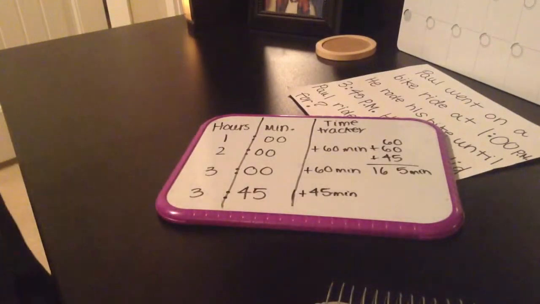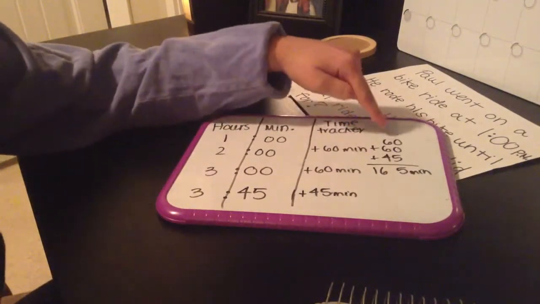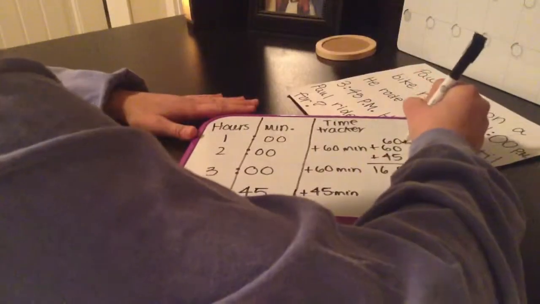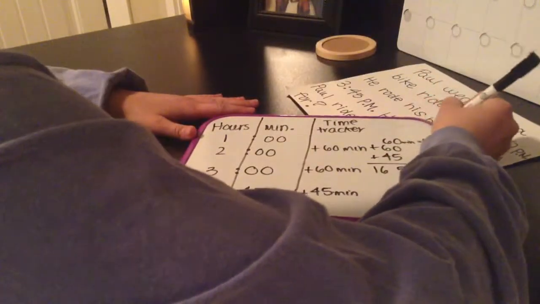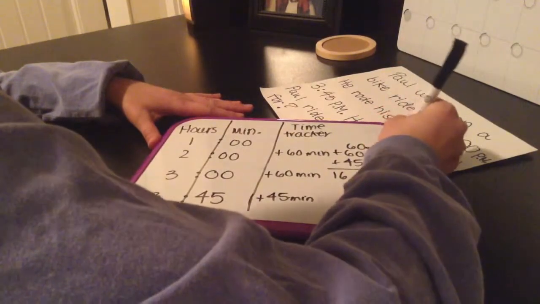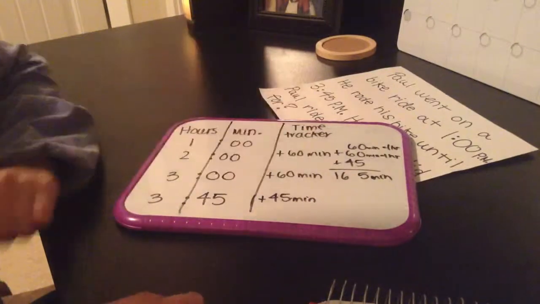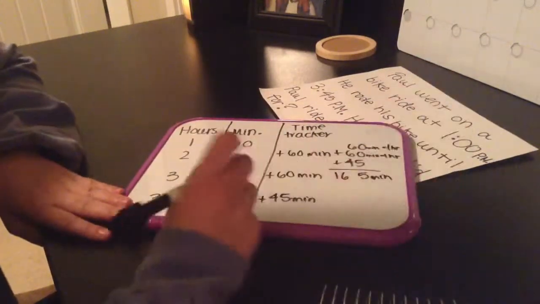However, we need to convert our minutes into hours. Looking back at the problem, we see we have 60 minutes, which equals 1 hour, and another 60 minutes, that equals 1 hour. So now we see we have 2 hours. And because there's not another 60 minutes, we know that we stopped at 2 hours.